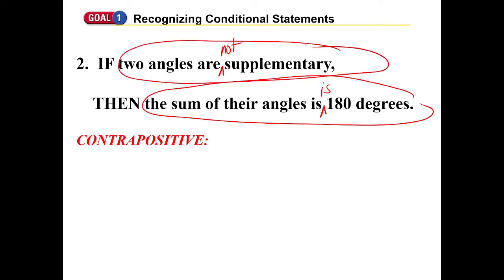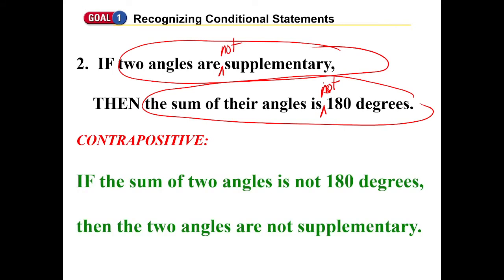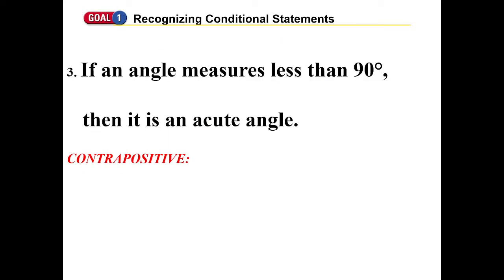That's your contrapositive. Is not. Sorry, is not. Okay. If the sum of two angles is not 180 degrees, then the two angles are not supplementary. Okay? Let's have example number 3.